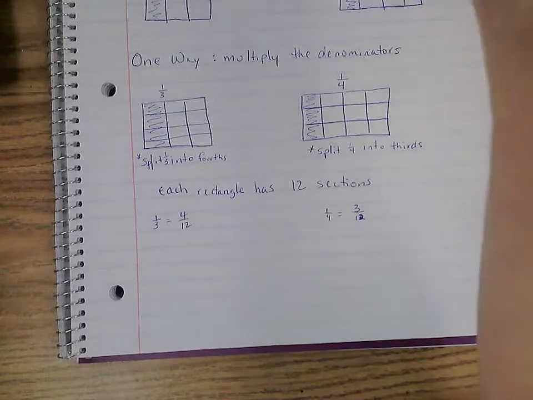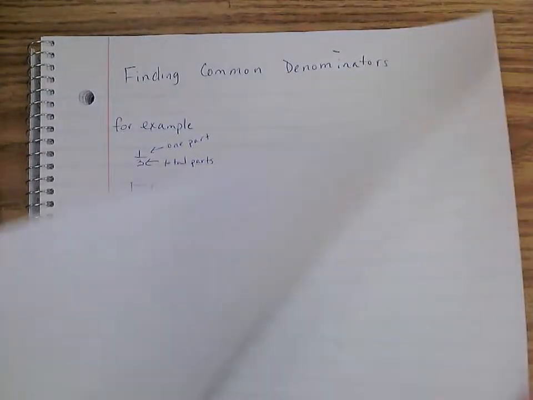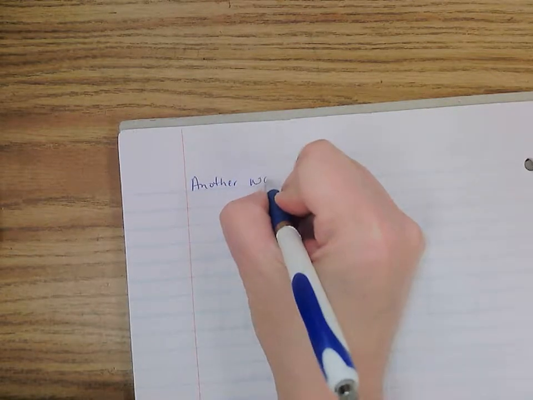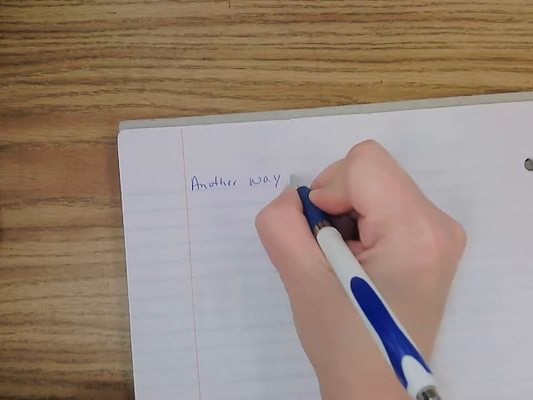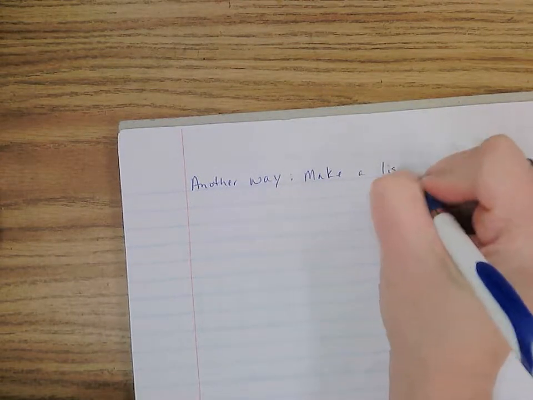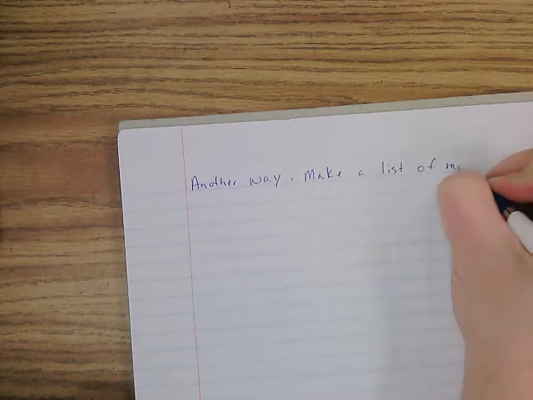A second way, now I'm going to give myself some space here. A second way is to make a list of multiples. So another way is make a list of multiples.